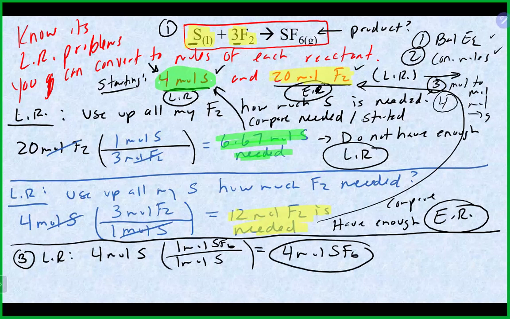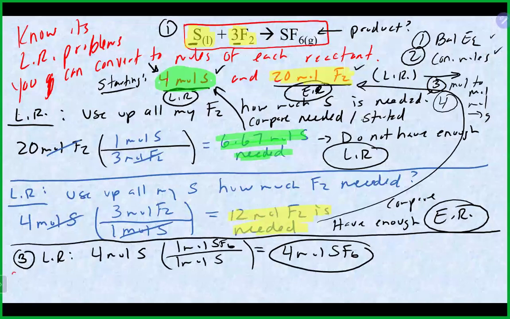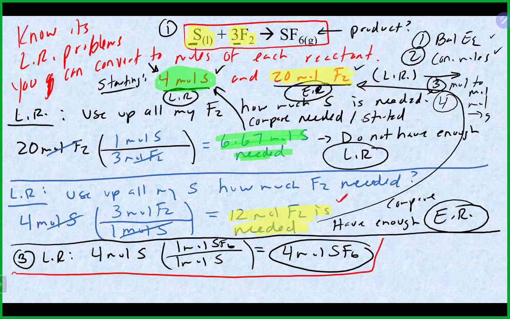Now, the other common thing that you're asked, so I won't do the 4th step here, but I'll just do the other common calculation, which is we could use this calculation here for our excess reagent to figure out how much of our excess reagent would be left over.